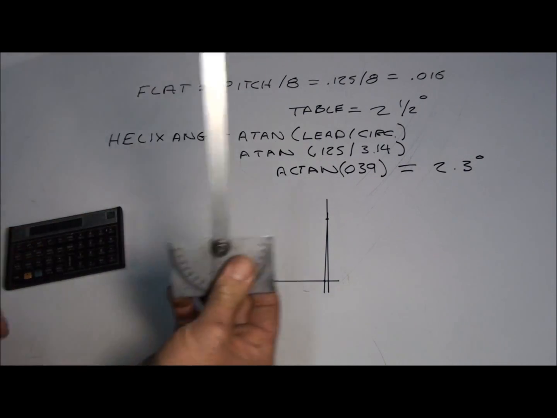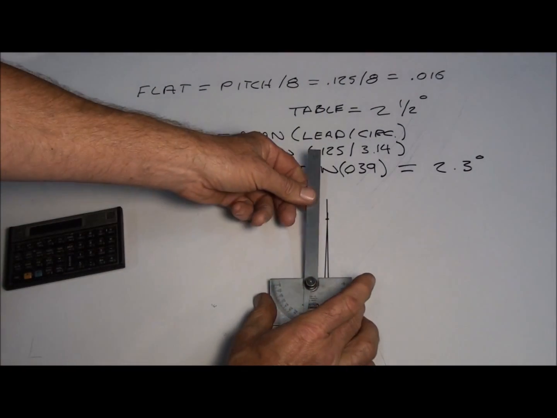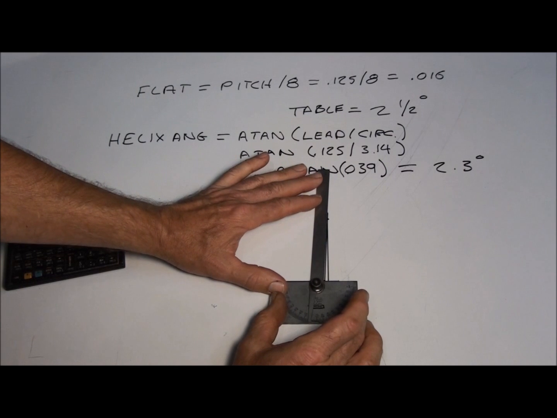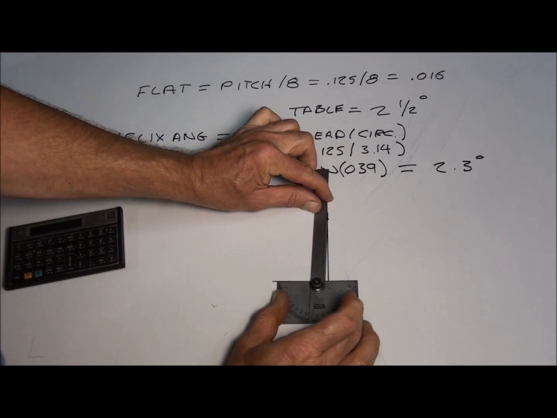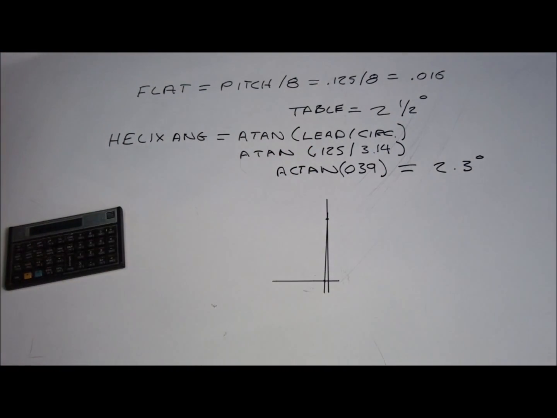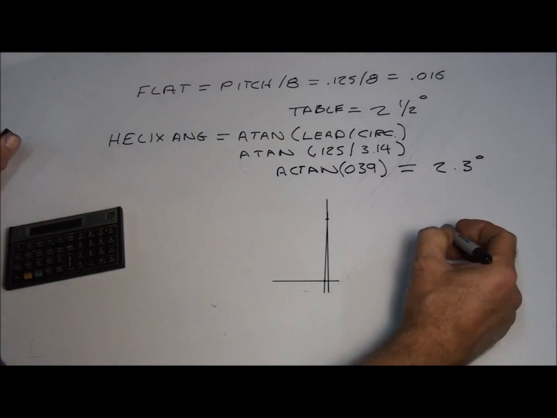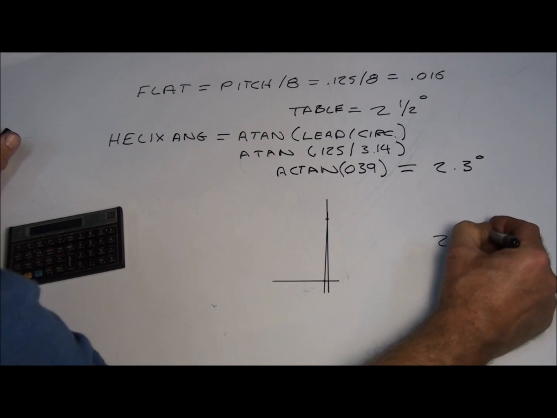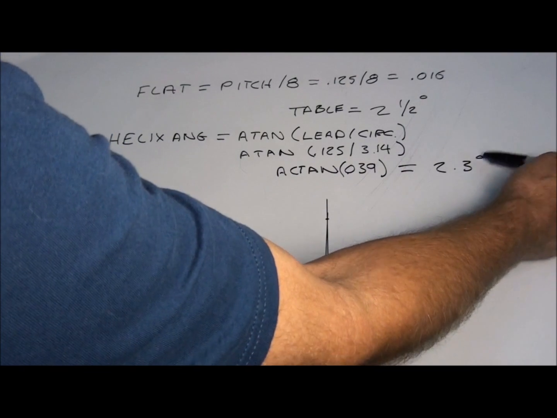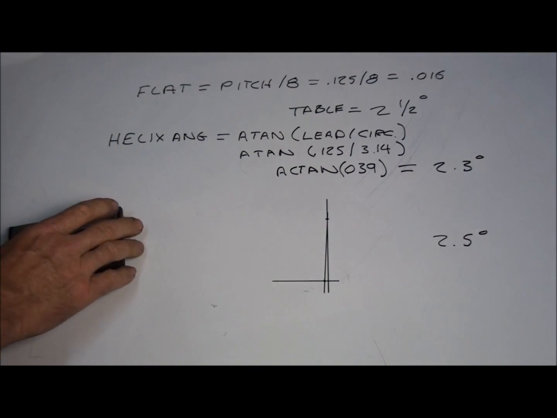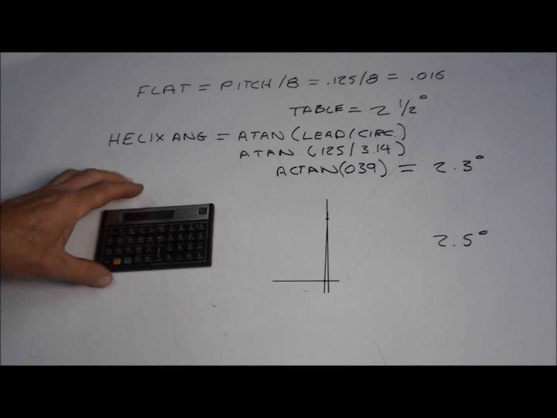Now we can take our trusty protractor and measure it up and see what we have here. Looks like about 2.5 degrees. Okay. Alright, so there's 3 ways to calculate the helix angle of a thread.